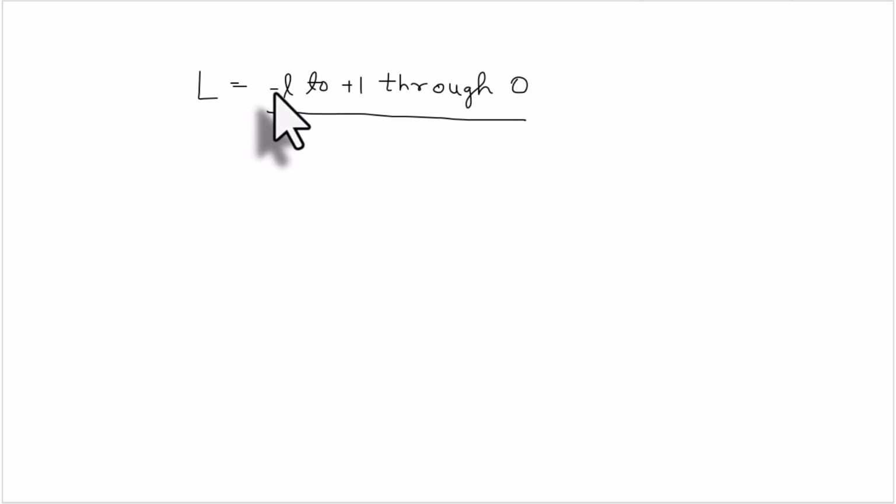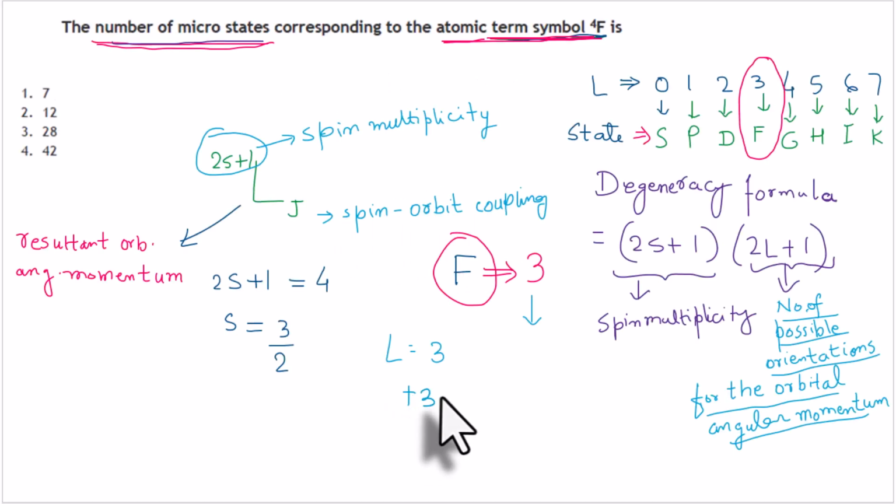To predict the number of orientations possible for L, we know the resultant orbital angular momentum ranges from minus L to plus L through 0. If L equals 3, we have minus 3 to plus 3: plus 3, plus 2, plus 1, 0, minus 1, minus 2, and minus 3.